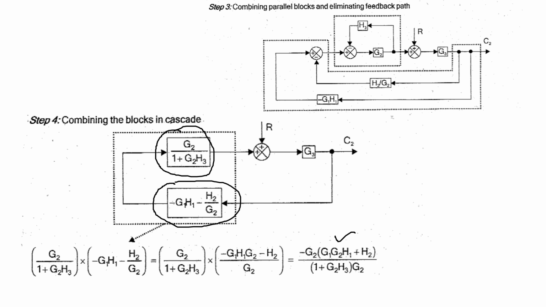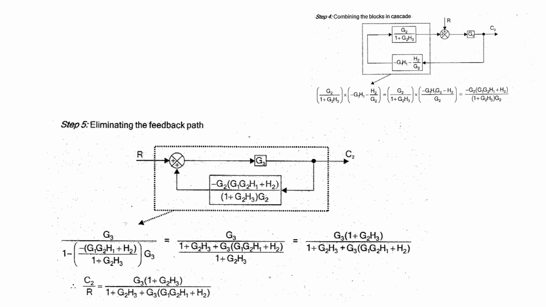Now the entire equivalent block will be in feedback with the forward path transfer function G3, and it is found to be a positive feedback. I can eliminate the feedback to get the final transfer function: C2 of S divided by R of S is equal to G3 into 1 plus G2H3 divided by 1 plus G2H3 plus G3 into G1 G2 H1 plus H2.